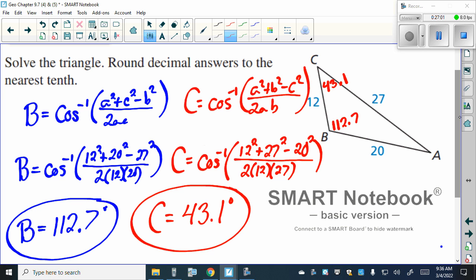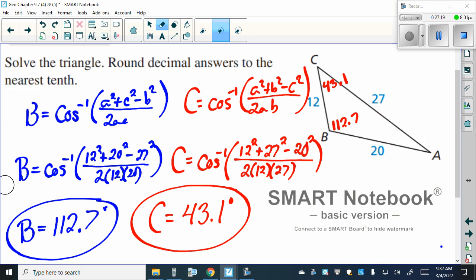Any questions on how we found the measure of angles C and B?